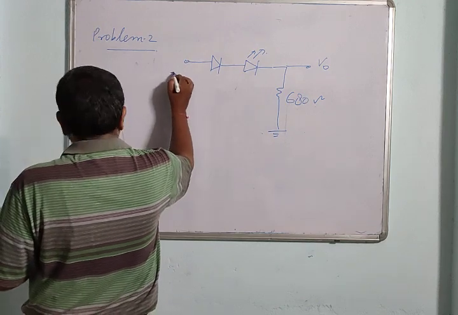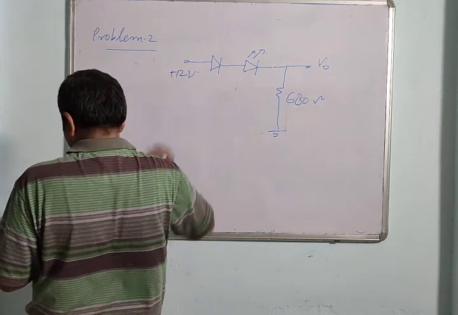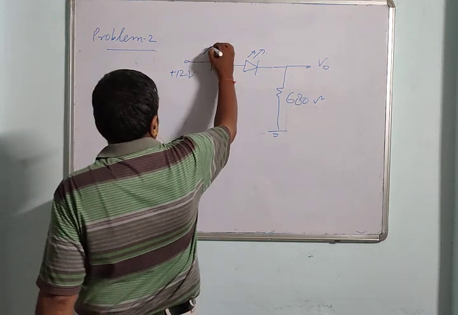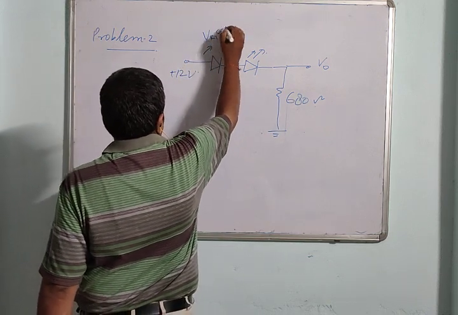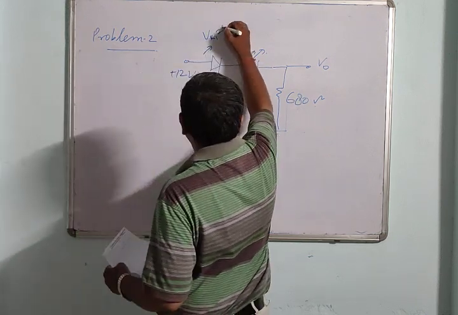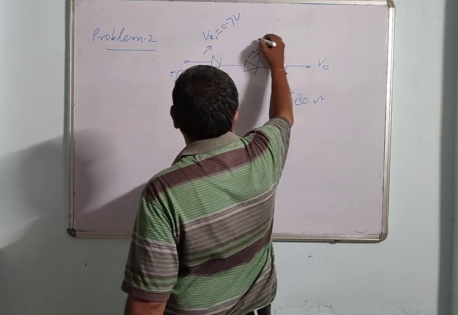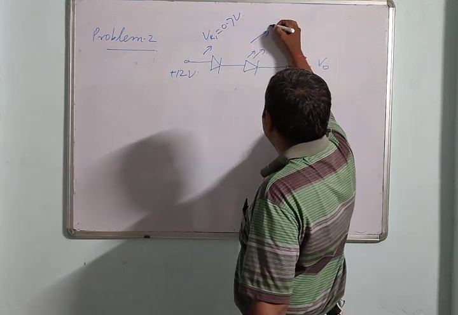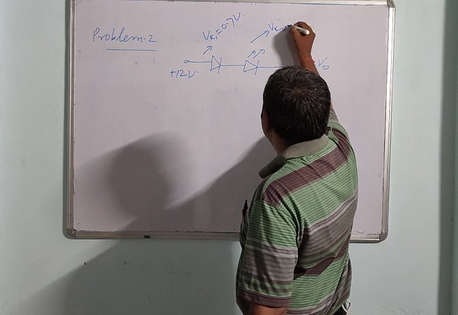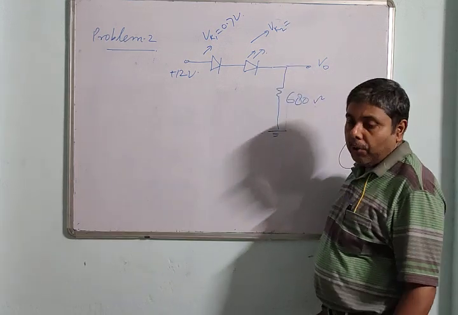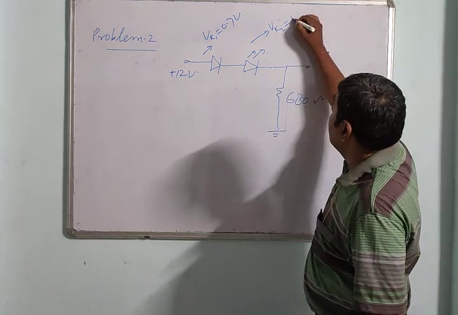Here we are using 12 volt. And VK1, this on state voltage is given as 0.7 volt, and for this light emitting diode, the on state voltage is given as 1.8 volt.